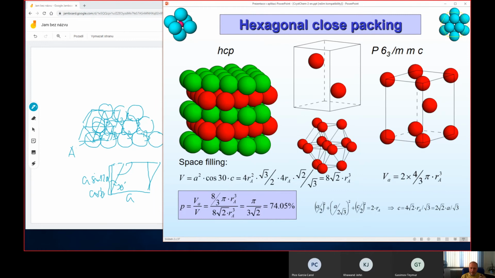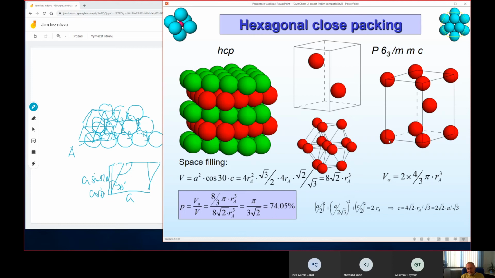And now, using some goniometric relations, which are shown here, we can express the A and C parameters in terms of the atomic radius, based on the assumption that the atoms must touch, the spheres must be touching here on the A edge, or here.